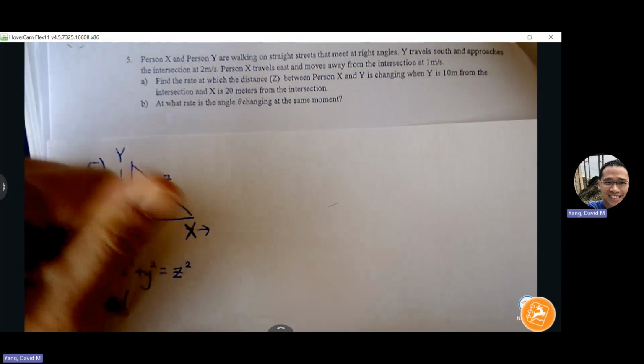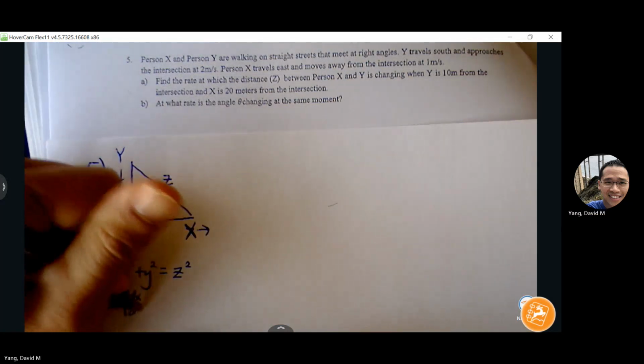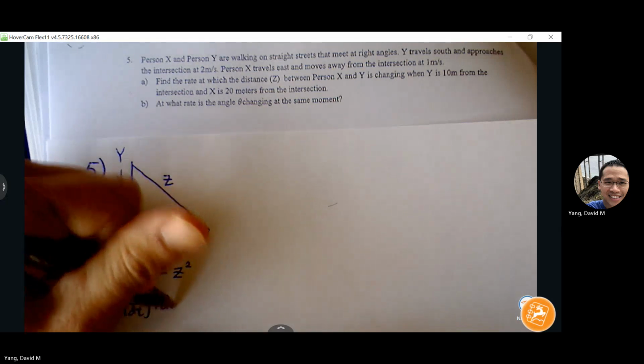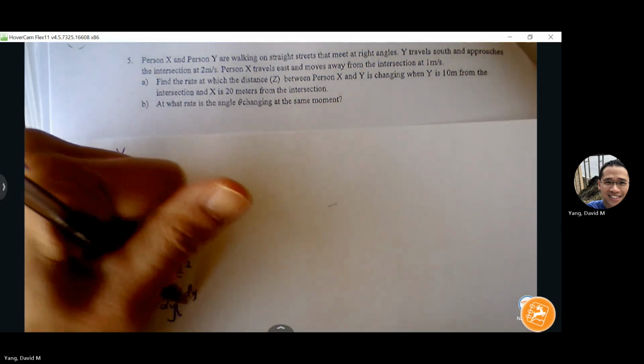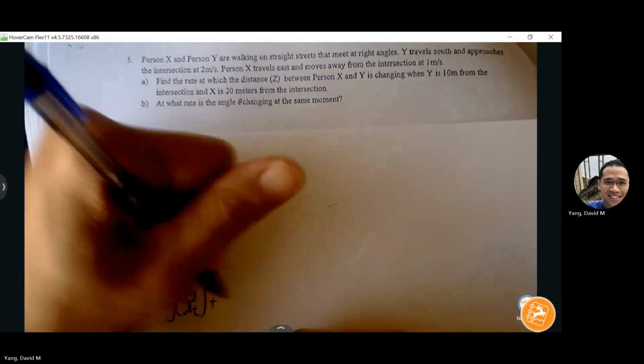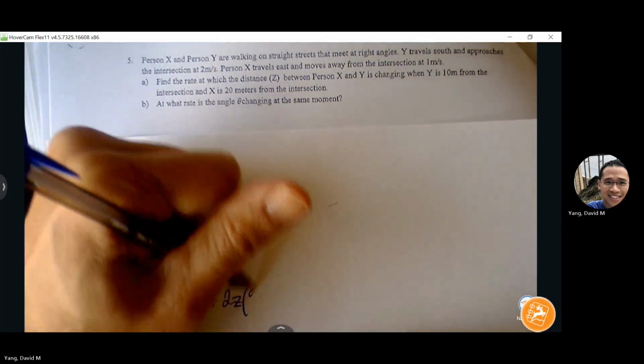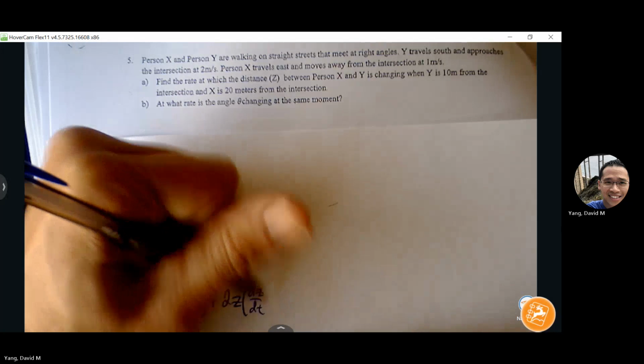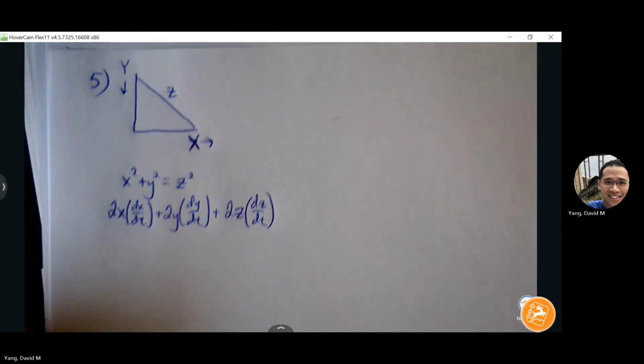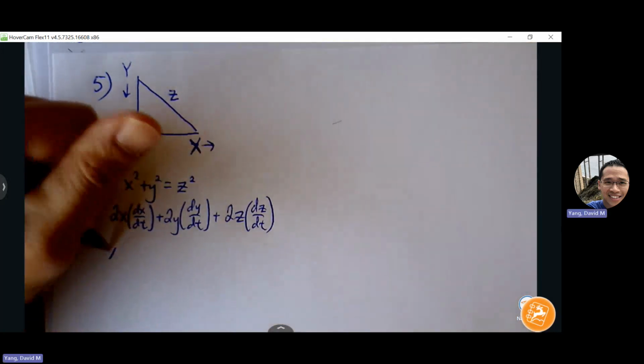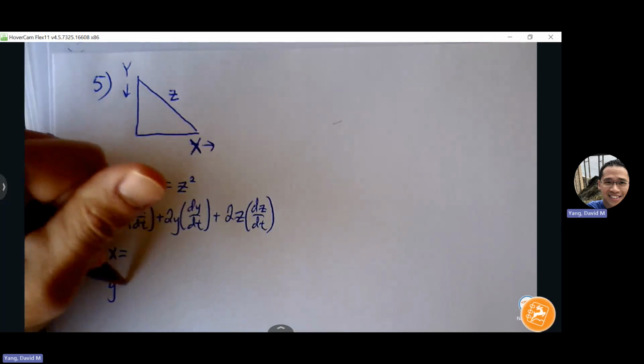The derivative, d over dt, will show up. Okay, let's list out all the variables that are involved.